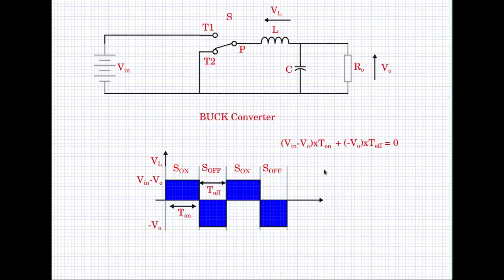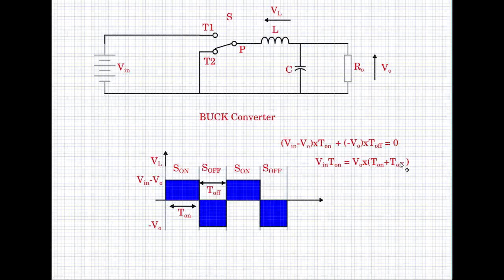So this equation, if you rearrange, you will see that it is of this form: Vin T on minus V naught T off equals 0. Taking the V naught term to the other side, you have V naught into T on plus T off.